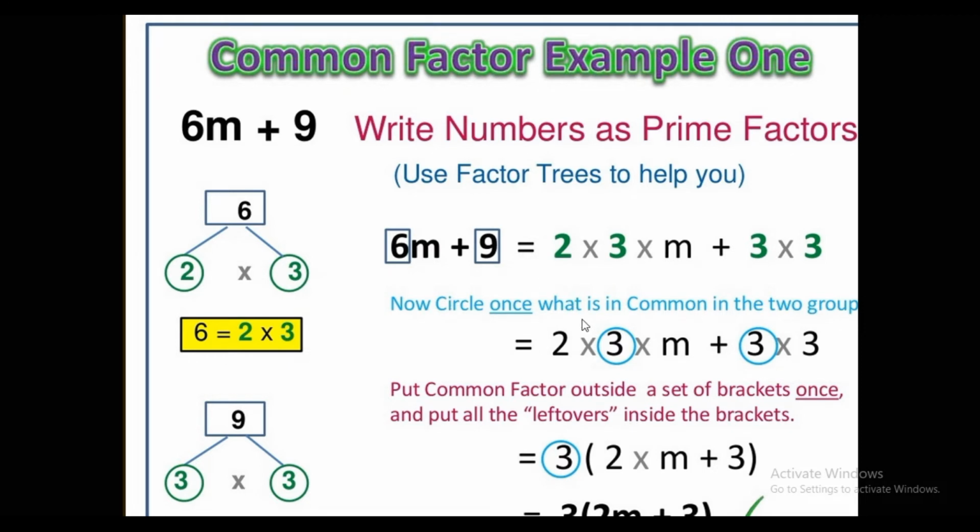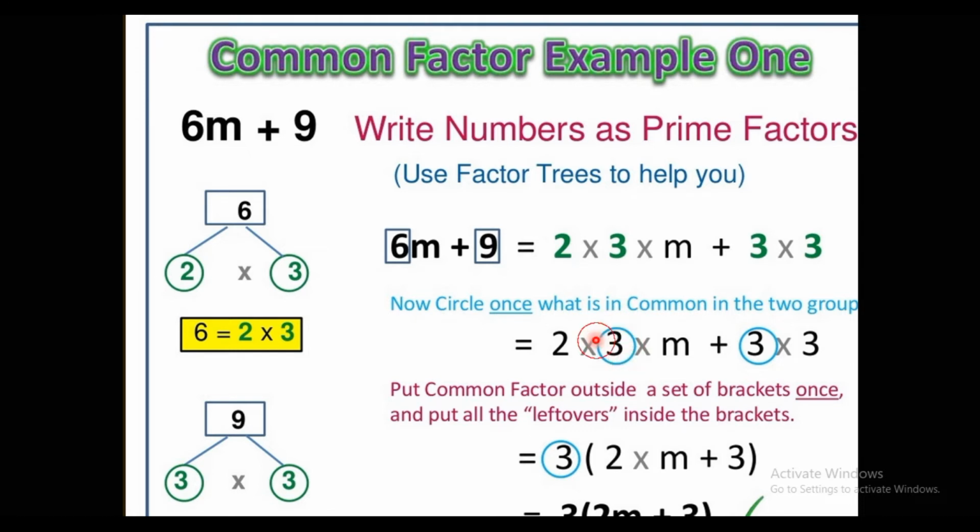Now circle what is common in the two groups. You can circle it, but it is not compulsory that you should always mark it in your exam khata. It is not necessary for you to mark it, but for primary level, when you start to solve this type of problem, I recommend you to mark it, so that will help you to find the common terms.